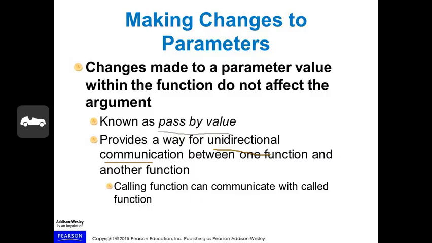So this way one function can communicate with another function, and the communication channel works in only one direction. The calling function can communicate with the called function, but the called function cannot use the argument to communicate with the calling function. Let's take a look at an example.